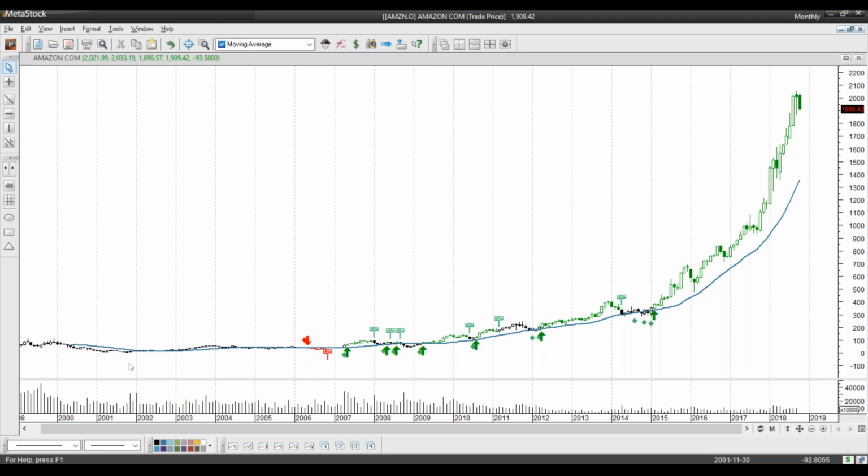It completely collapsed, and then they consolidated for years and years doing nothing, and then suddenly started to move higher again. And when you start to see that slope, you see that it's trending and there's momentum. That's when you want to jump in on these signals.